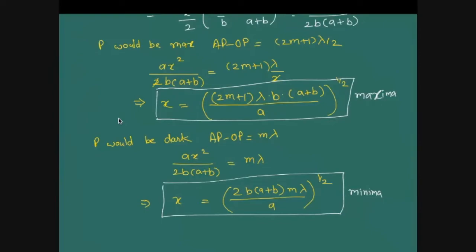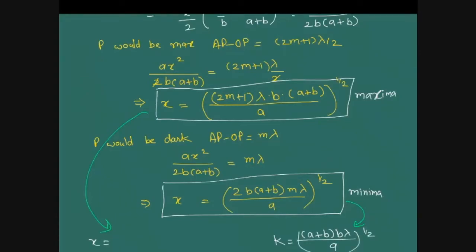Okay. So here if you see, for one set, what all will remain constant? If the order is changing, the rest is all constant, right? So for bright also I can write like this. So we will have x equals, if I write k as, because all these things are constant for a system, a plus b, b lambda by a raised to 1 by 2.